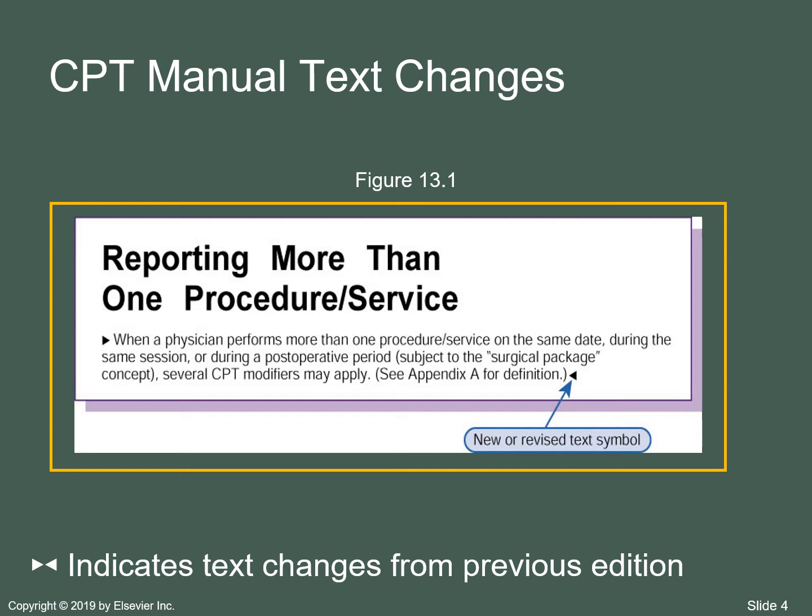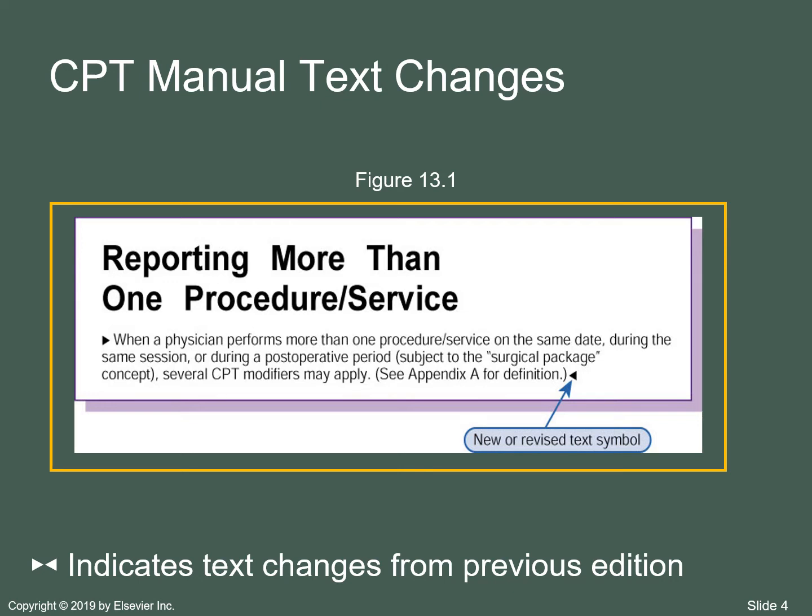If you would turn to slide 4, the CPT manual text change. If you look in the step-by-step book in figure 13.1, it reports more than one procedure service. Now we know here in the CPT book, every year you're going to have new codes, and you're going to have codes that are revised.